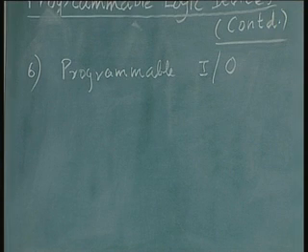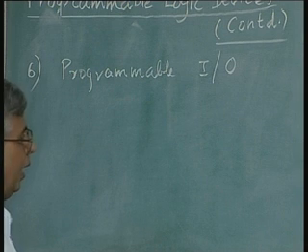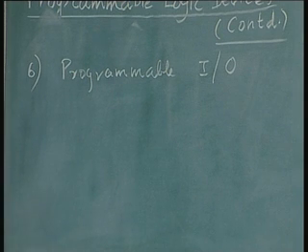This is a very interesting and important type of output function. What happens in this is, we have an option of using a given pin of the programmable logic device as either an input or an output.